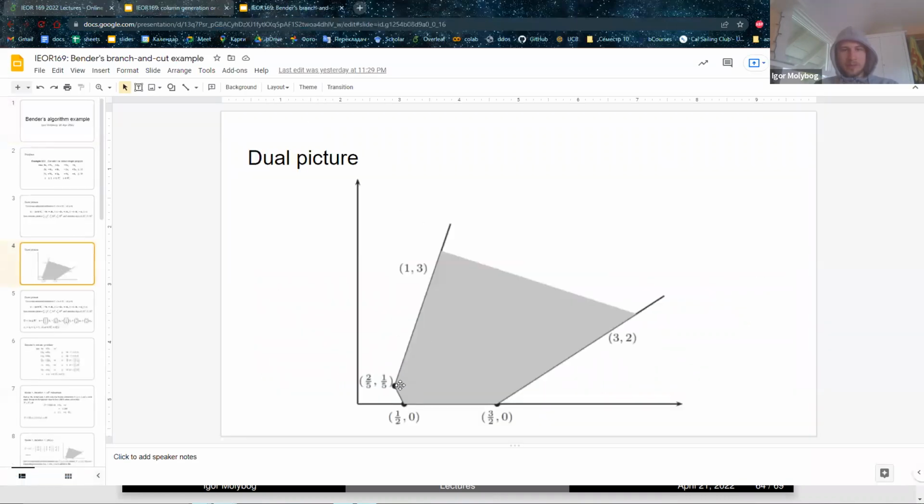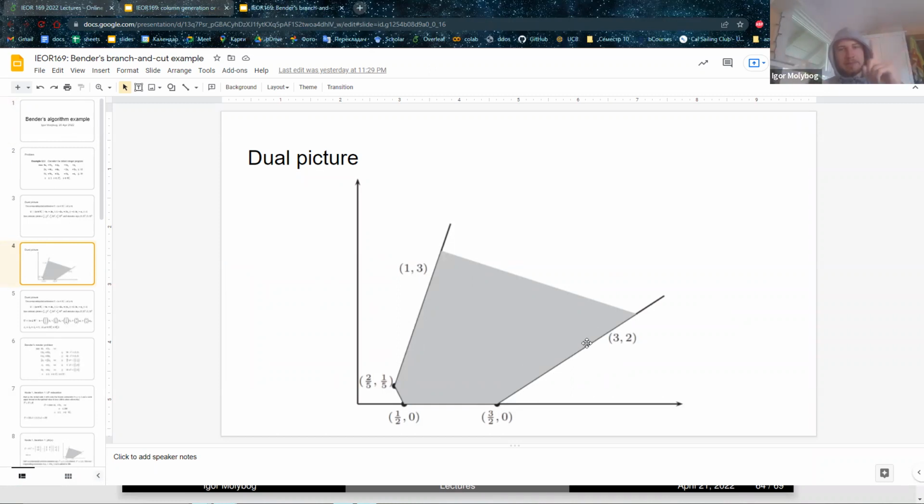Here you have three extreme points, 2 over 5, 1 over 5, 1/2 of 0, and 3 over 2. And you also have two extreme rays. One goes in the direction 1, 3, and the other goes in the direction 3, 2.